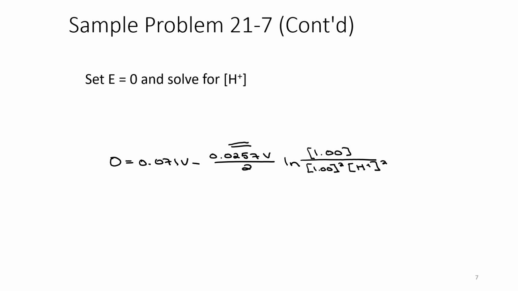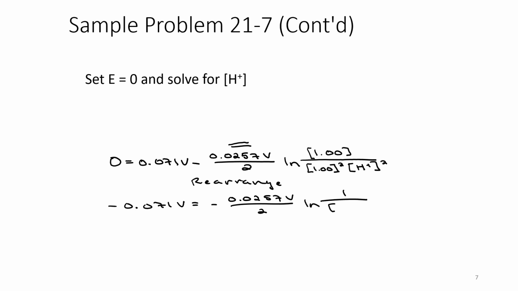The H plus concentration is what we're looking for. Now I'm going to rearrange. I'm going to say, okay, negative 0.071 volts is equal to negative 0.0257 volts over 2 times the natural log of 1 divided by 1 squared, which is 1 over our H plus squared.